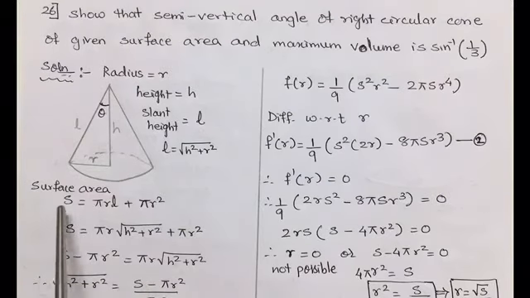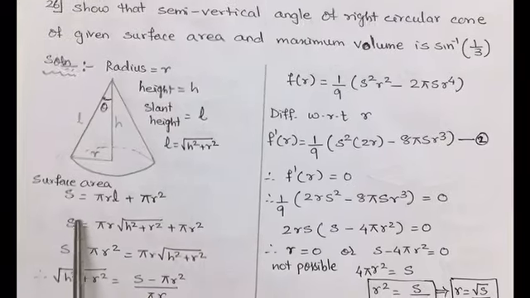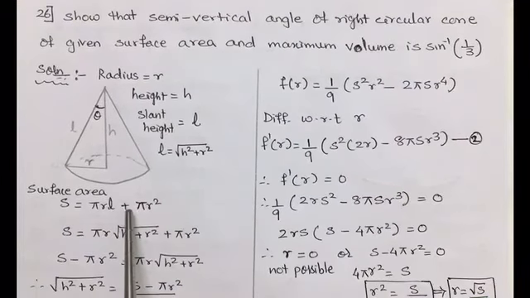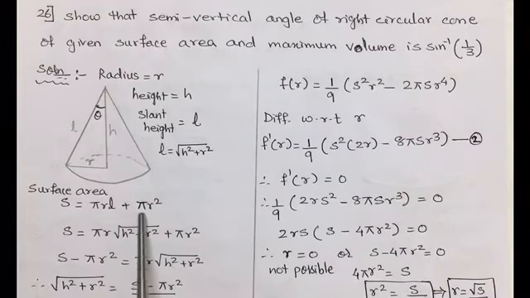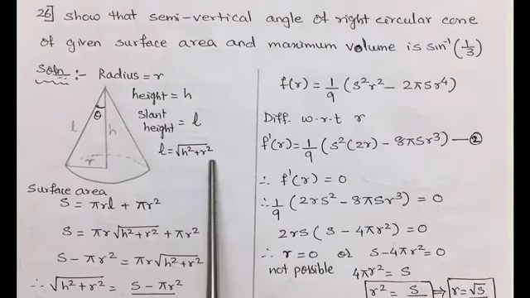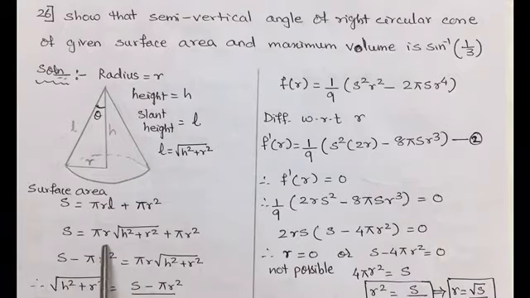Now as surface area is given constant, the surface area of cone is pi r L plus pi r square. Keeping the value of L as under root h square plus r square, we get S equal to pi r under root of h square plus r square plus pi r square.